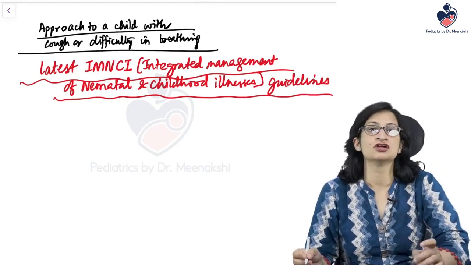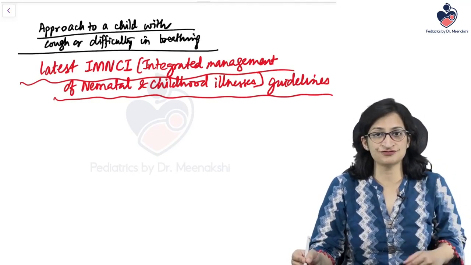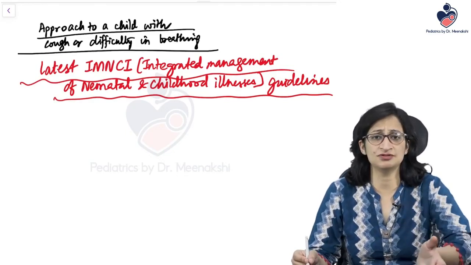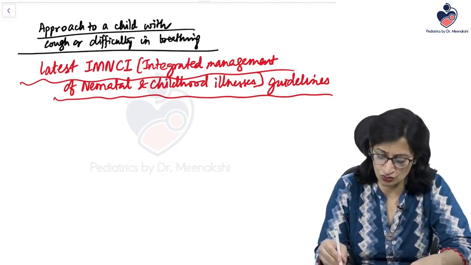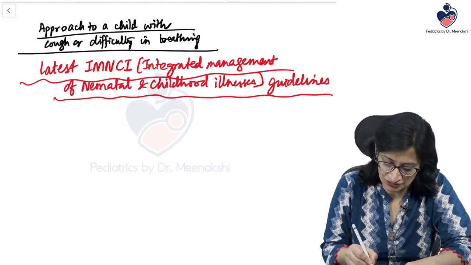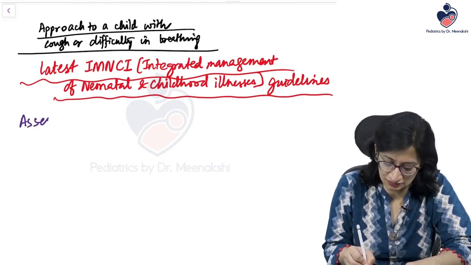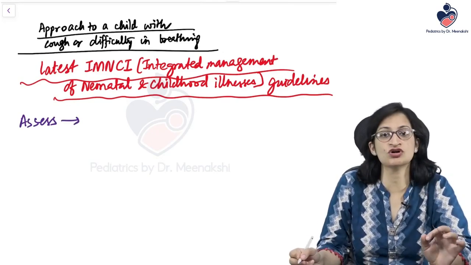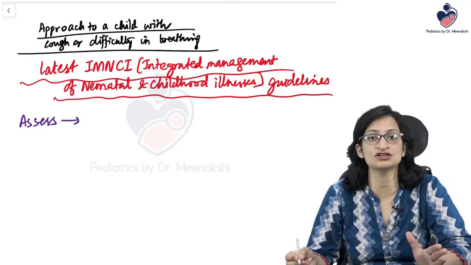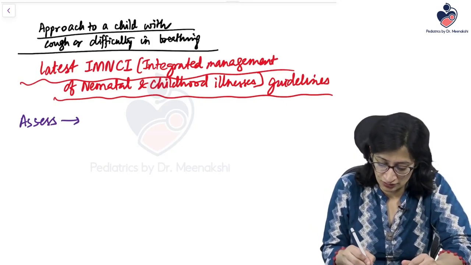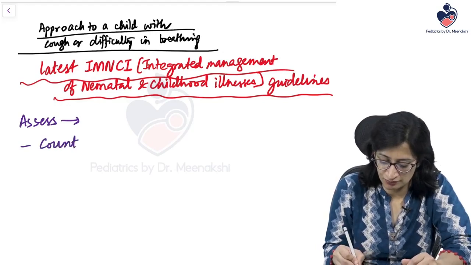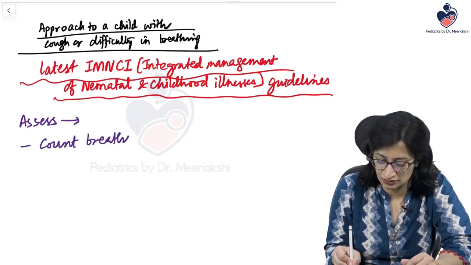So if a child comes with cough or difficulty in breathing or both, how do you assess that child? First you have to count the respiratory rate and see whether there is fast breathing or not. You count breaths in 1 minute.